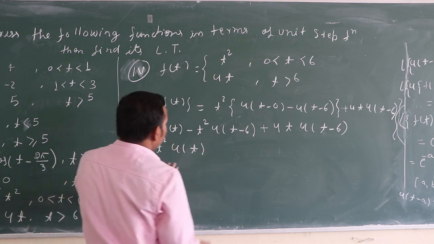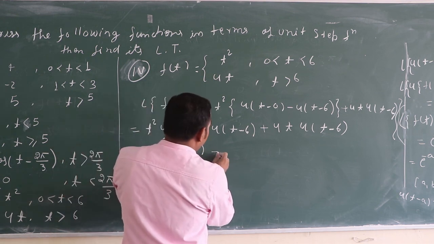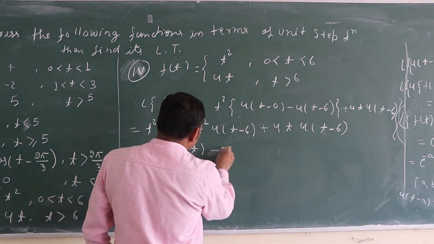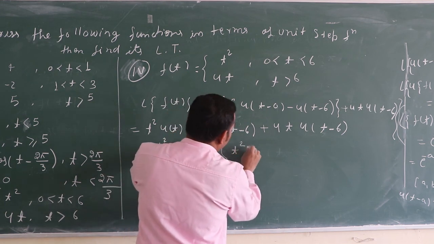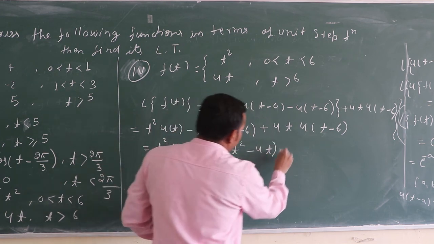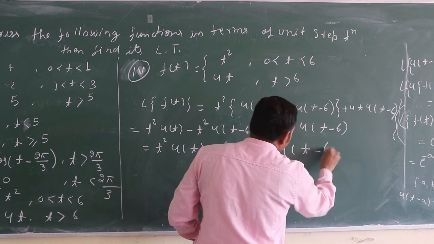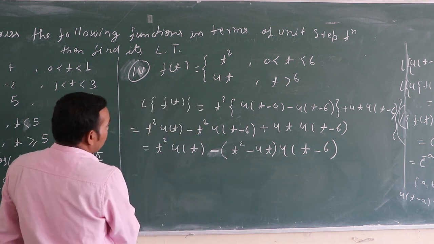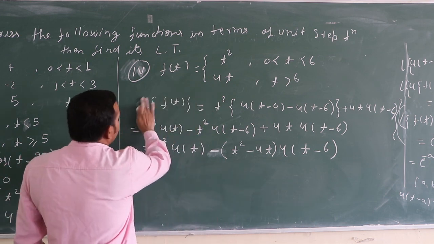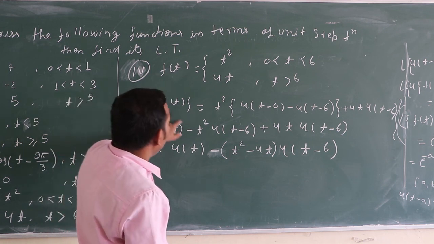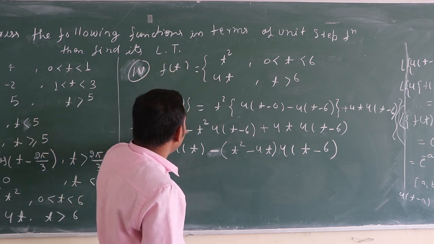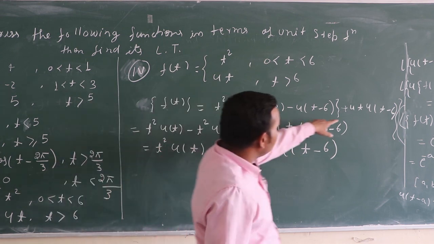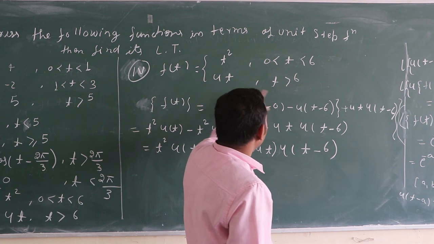So we can write this as t square u(t), and taking minus outside, t square minus 4t times u(t minus 6). That is, f(t) in terms of the unit function is t square [u(t) minus u(t minus 6)] plus 4t u(t minus 6).